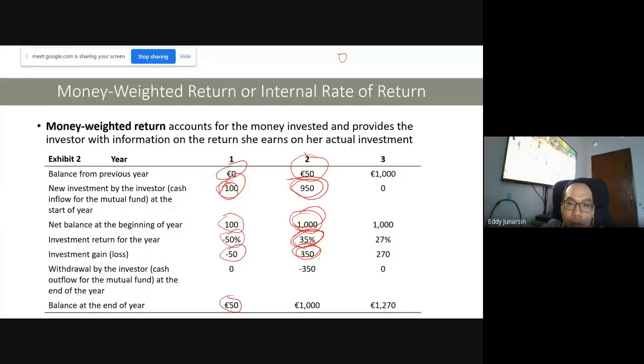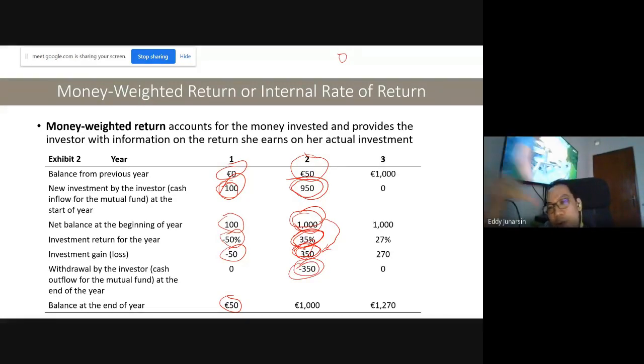But in year two the investor also withdrew 350. So this is a separate thing, right? We earn 350, but the investor also withdrew 350 in year two.